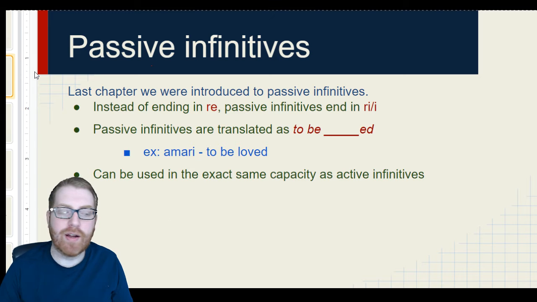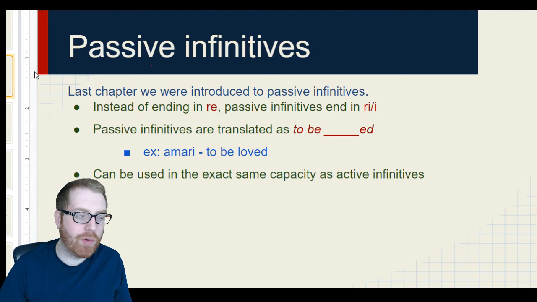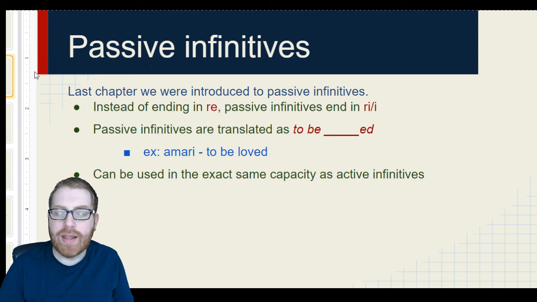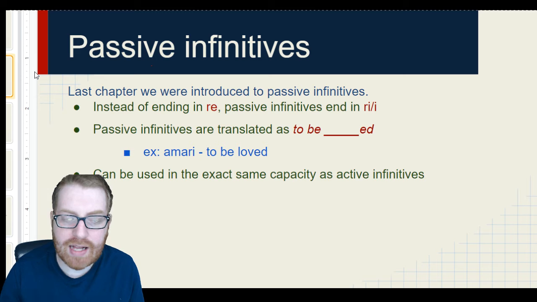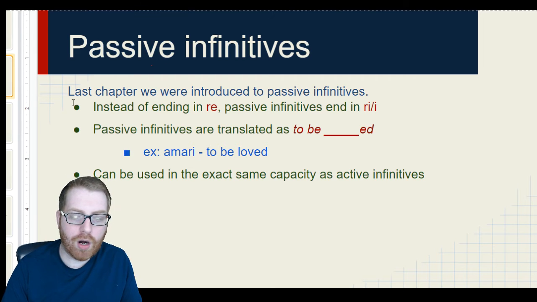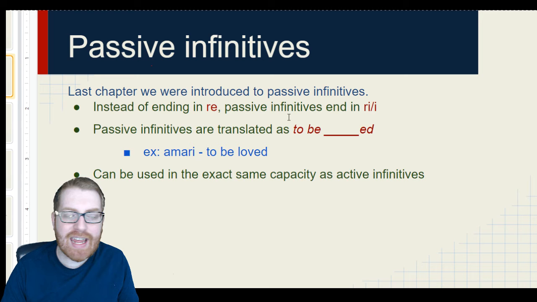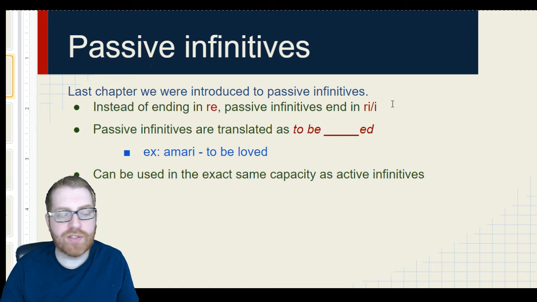So last chapter, and again, because of the world falling apart, we weren't really able to go over this very much, but if you have your notes from last chapter, we did talk about passive infinitives. Present passive infinitives, instead of ending in RE, end in RI, and they're used just normally as passives would be.